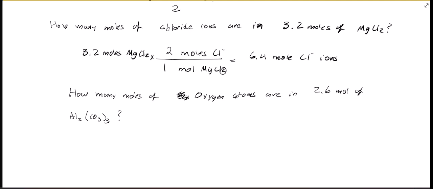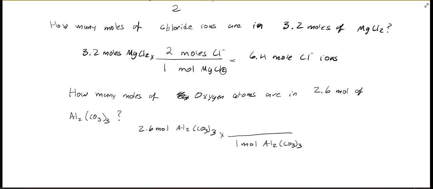Okay, so you start with the number you're given, 2.6 mole aluminum carbonate, times in 1 mole of aluminum carbonate, how many oxygens are there?